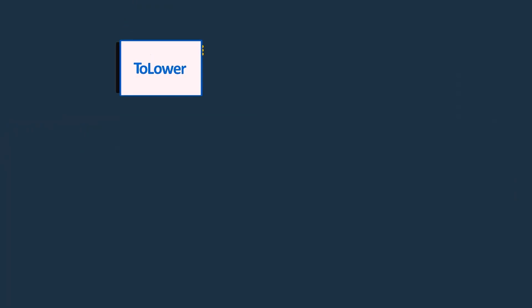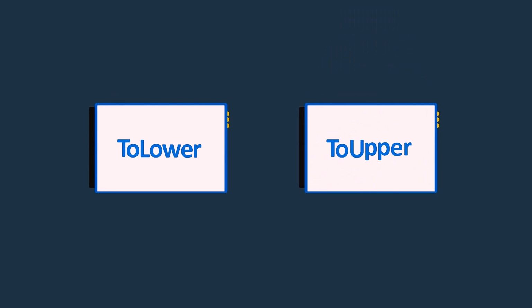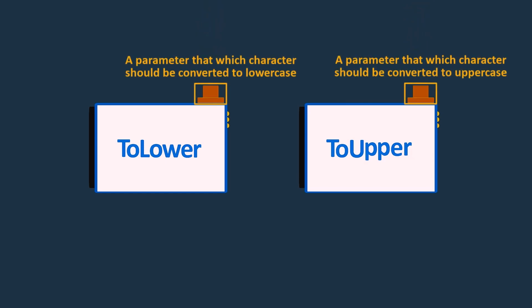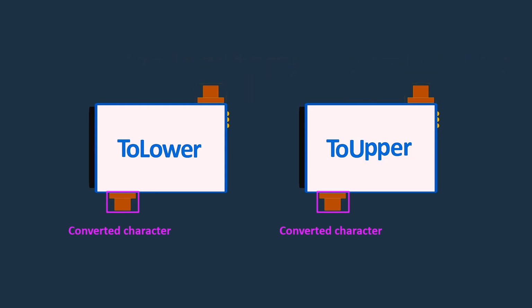The final methods we'll cover in this lecture are toLower and toUpper. Both of these methods accept a char value as input and return a corresponding char value as the result. The key distinction lies in their outputs. The toUpper method transforms the character into uppercase, while the toLower method converts it to lowercase.